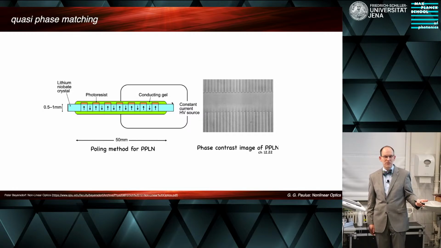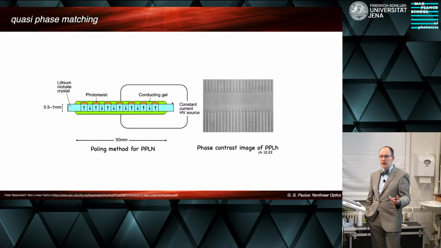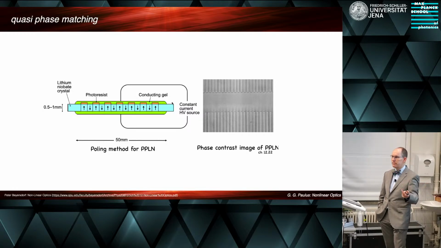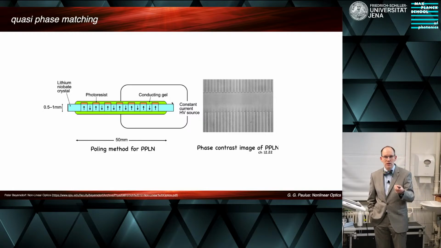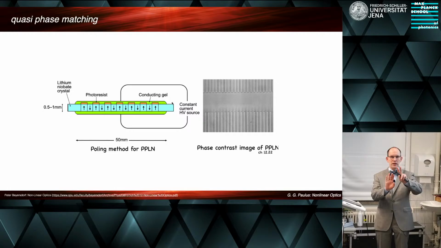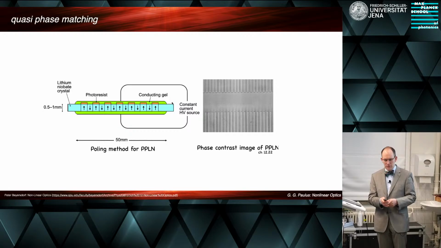Well, the problem is, of course, breakthrough, and there has been a lot of research and investigation on how to avoid breakthrough and nevertheless get regular structures of alternate polarity of these domains. And after many years of research, people finally managed how to do it.